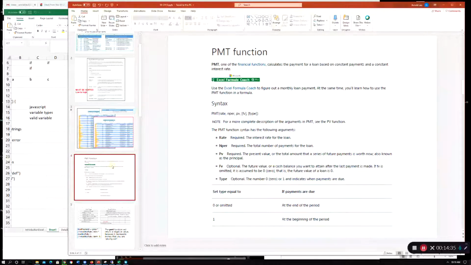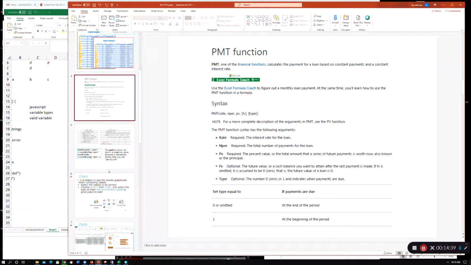Here's another common function, PMT. All this really is about is dealing with loans and things like that. I'm going to give you more of an example on this later too. But basically, here's what goes into the PMT.